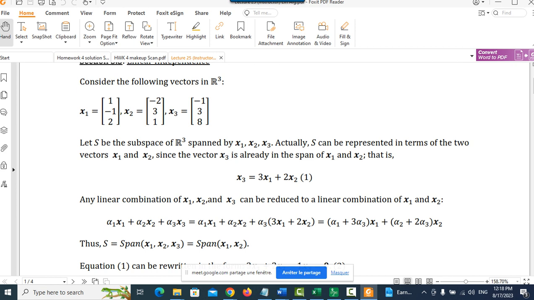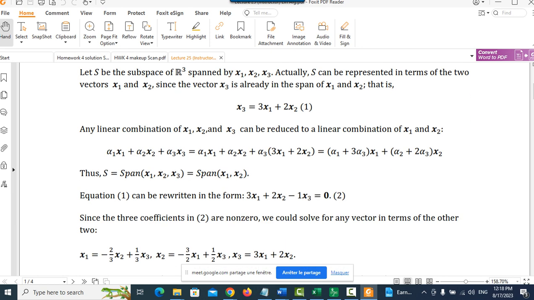That is, x3 is equal to 3 times x1 plus 2 times x2. So you see the vector x3 can be written as a linear combination of x1 and x2. If I put 3 here, and I put 2 here, and I add them up, I find the value of x3. So any linear combination of x1, x2, and x3 can be reduced to a linear combination of x1 and x2.